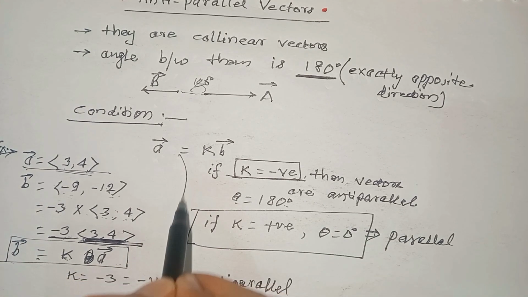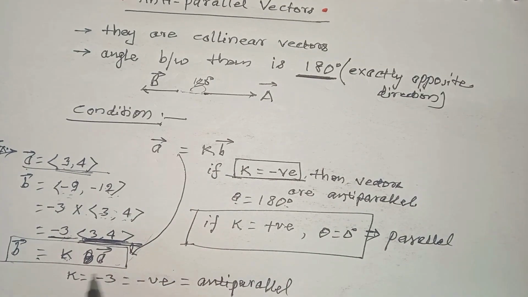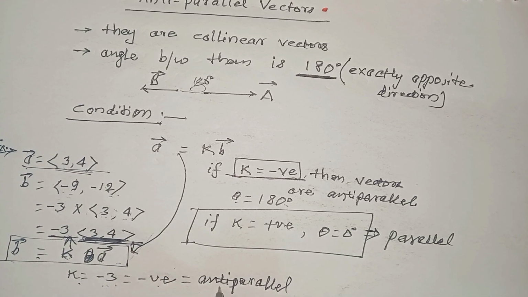Here k is minus 3, and negative means anti-parallel. Okay, thank you.